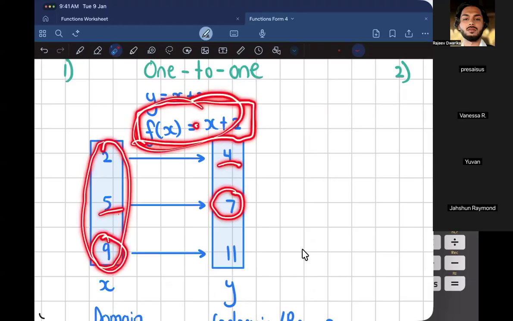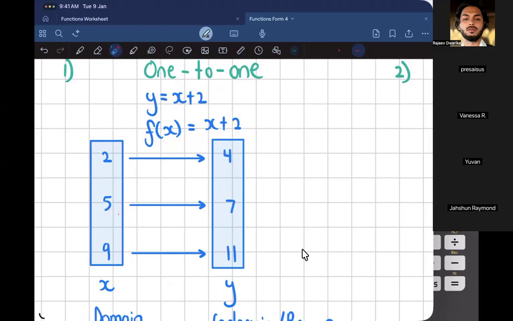If I put 9 into the function, it adds 2 and gives me what? 11. So Vanessa, say it now: a function is a machine. You take a value, which is an x value, you plug it in, and you get an output called the y value. Do you understand that?